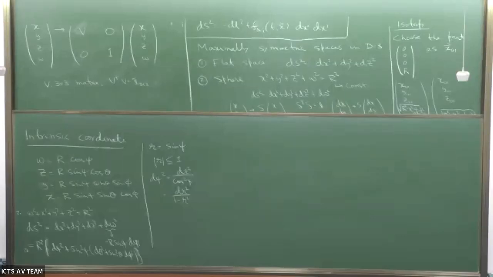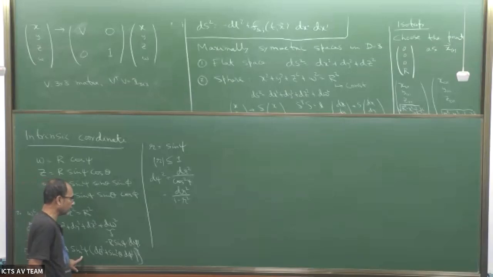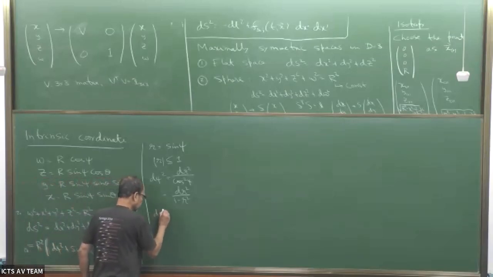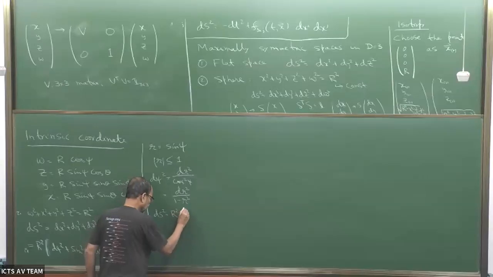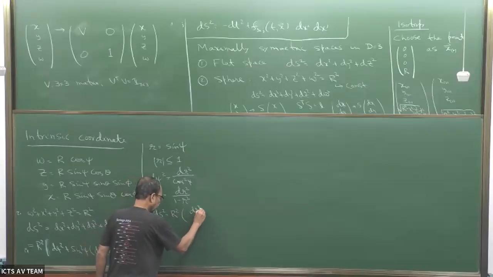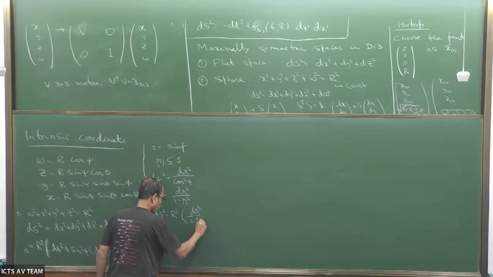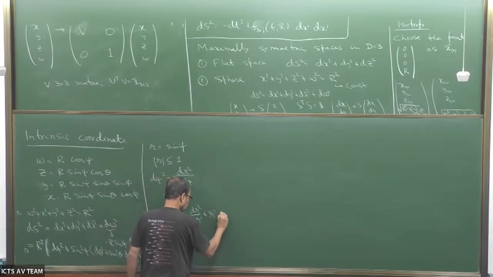And sine square psi is r square. So the metric becomes r square times dr square over 1 minus r square plus r square d theta square.